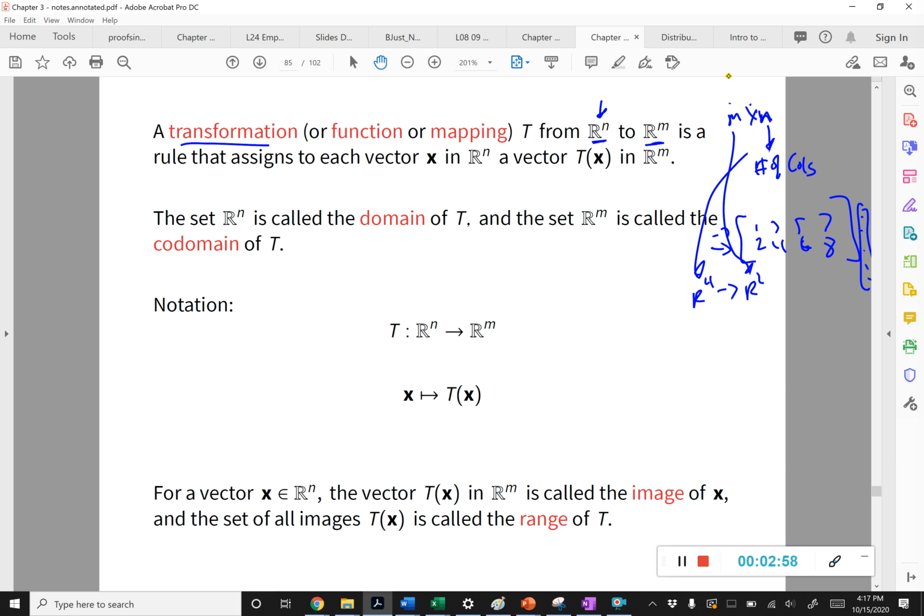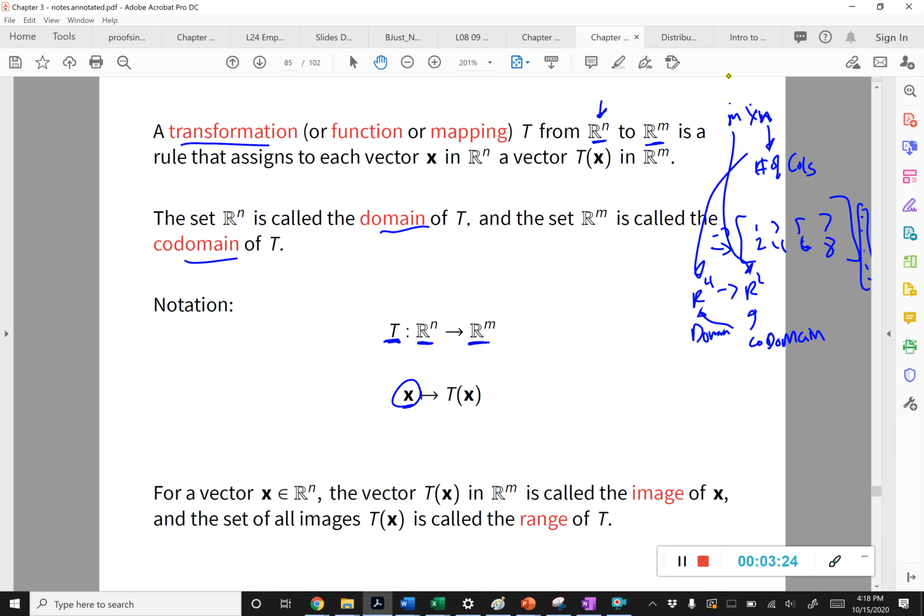Where we're starting, this is called the domain, and the space we go into is the codomain. The codomain sure does not like that. There, the codomain. So that's what these are, and the notation T is the name of the transformation, and it goes from Rn to Rm.